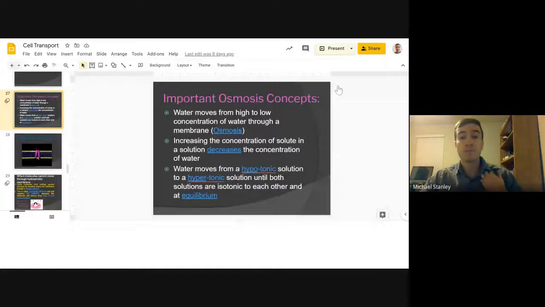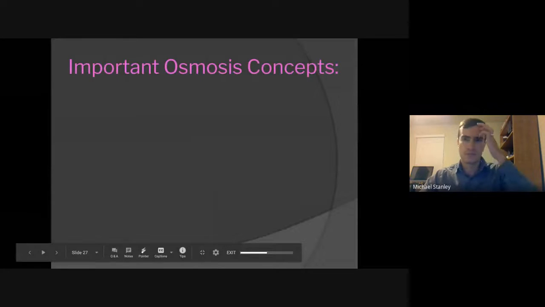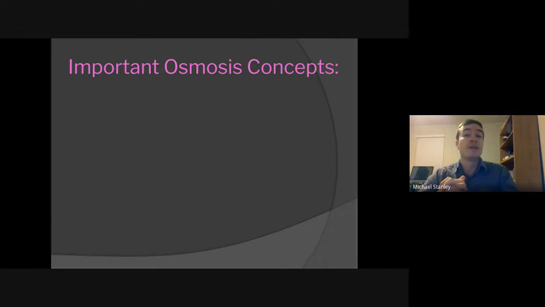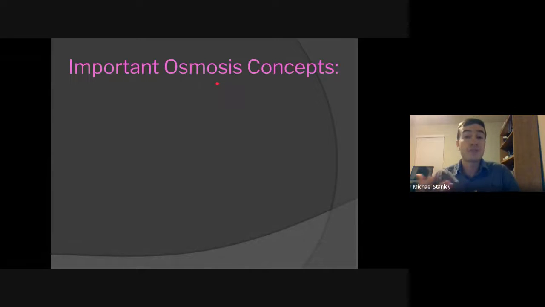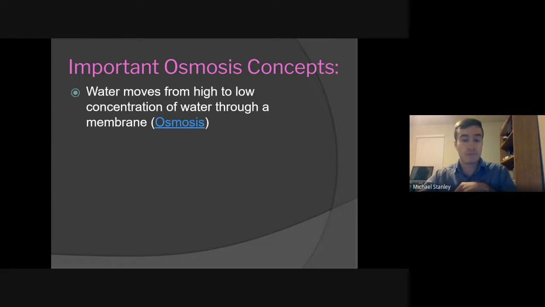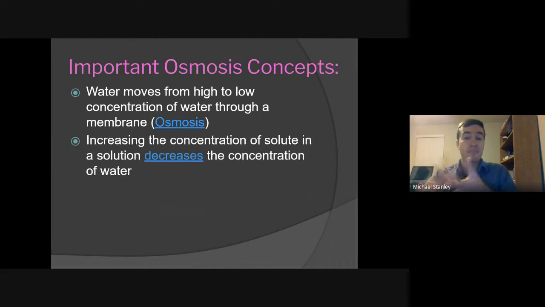Those two forms of passive transport don't need any energy in order for them to happen. They happen naturally. And then we talked about osmosis, that movement specifically of water over a membrane from high concentration to low concentration.